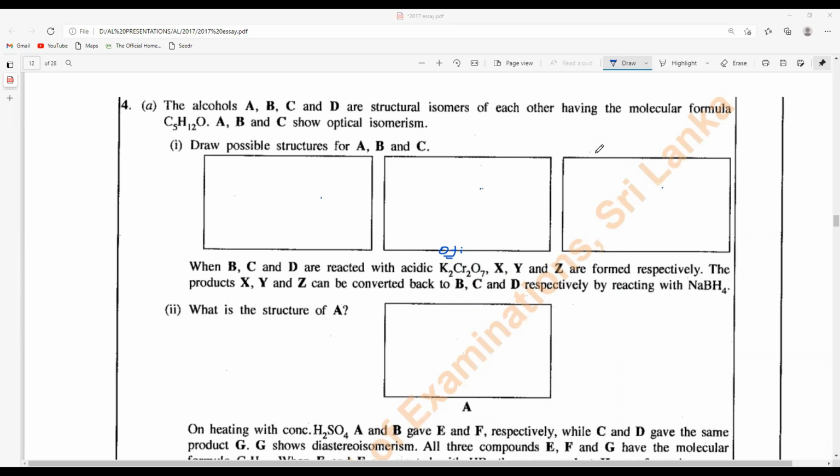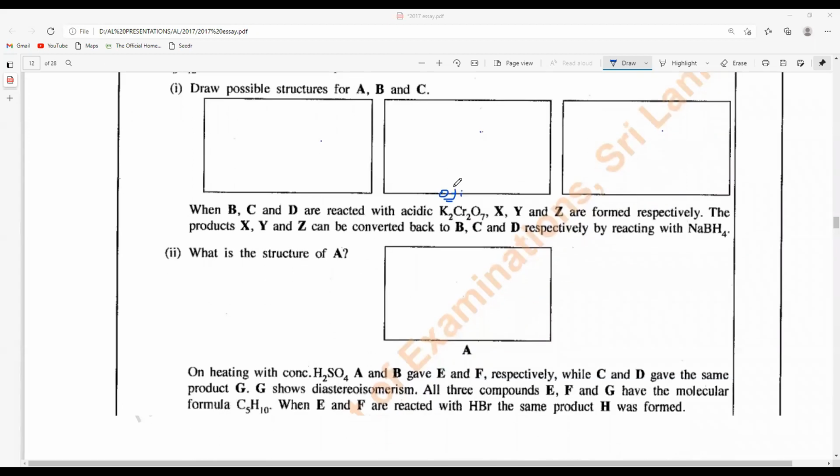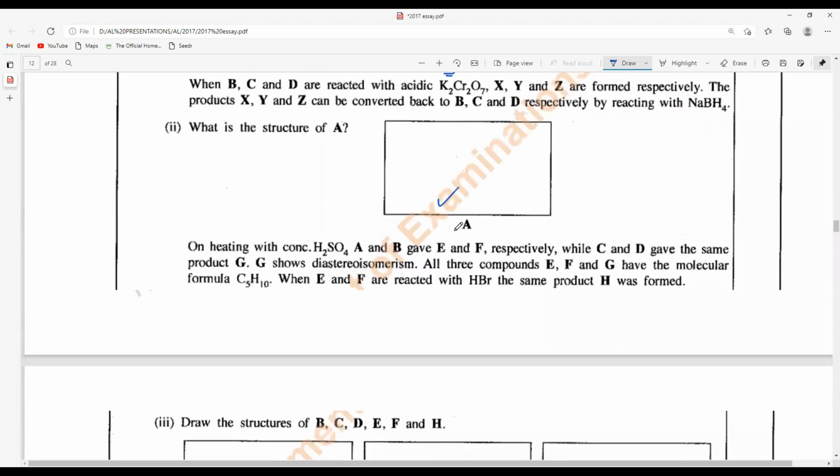So this is the only point where you cannot do this. So what is the real structure of A? Because A is not going to perform that. So this is the real structure of A. Because when you add K2Cr2O7, A to A1, A will be oxidized to carboxylic acid, but it cannot return. So that's the idea. Because B, C, D all can come back. So this is also done.